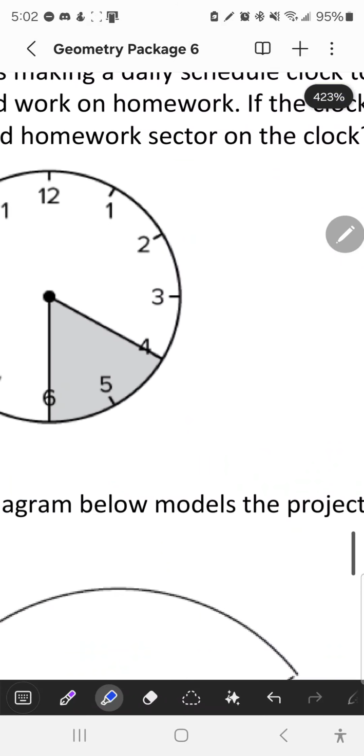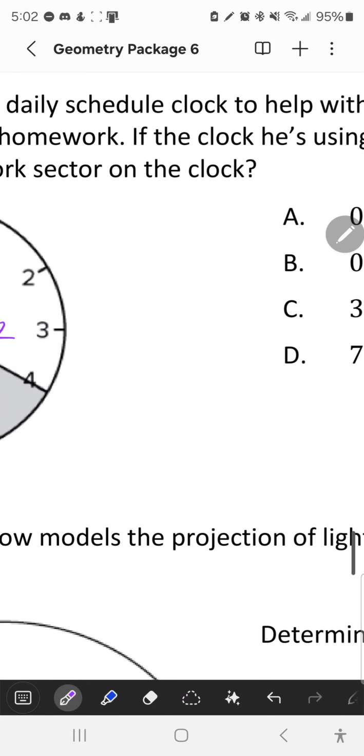So we need to find the area, and we have 12 inches. We know that the area of the sector will be equal to the angle over 360 times the area of the circle, which is pi r squared.